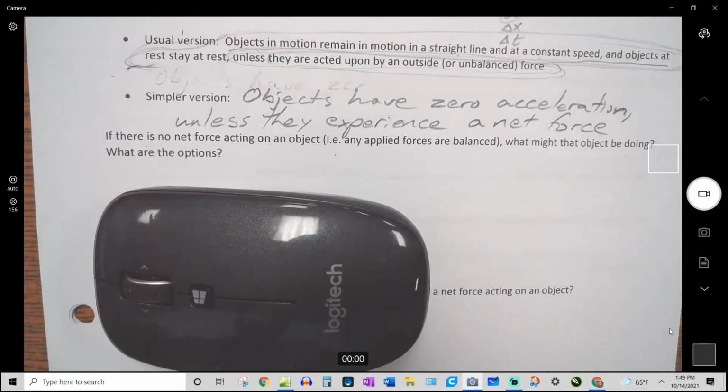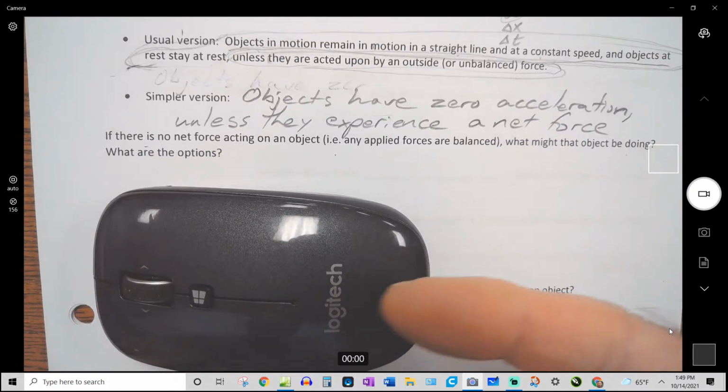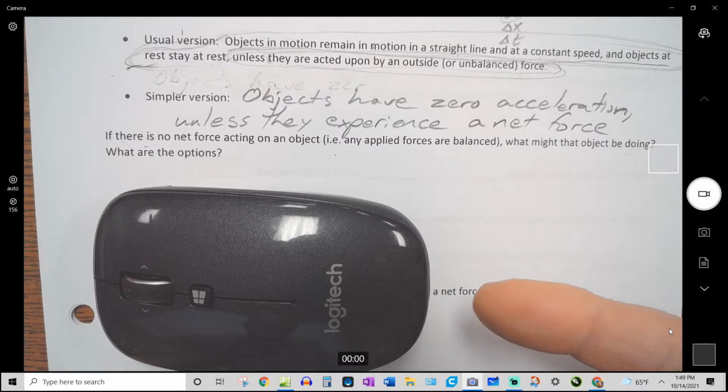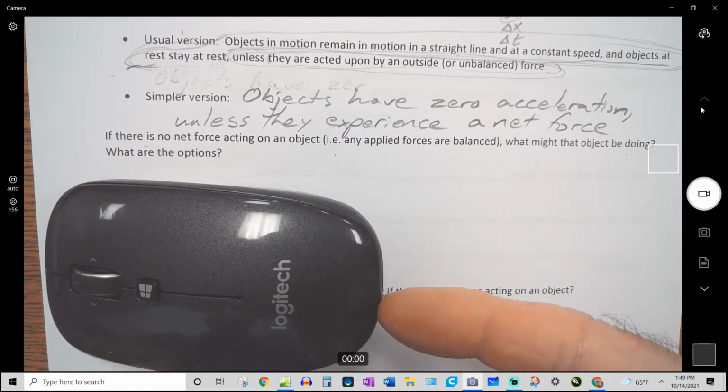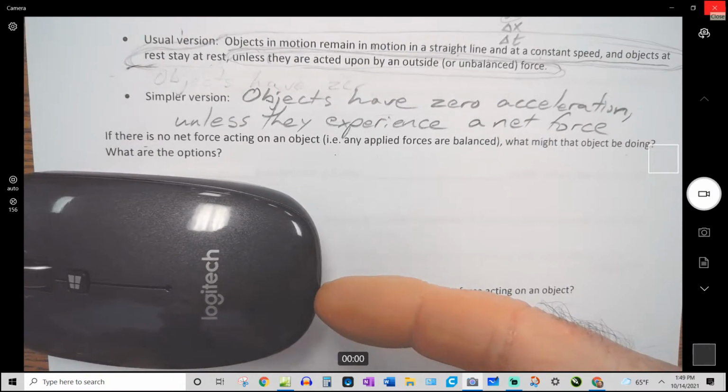It's an object with zero acceleration, and it's not experiencing a net force. Now, if I wanted to accelerate it to the left, what could I do? Push it. I can start to push it. And now when I start to push it, there's a net force, and the force is leftward.